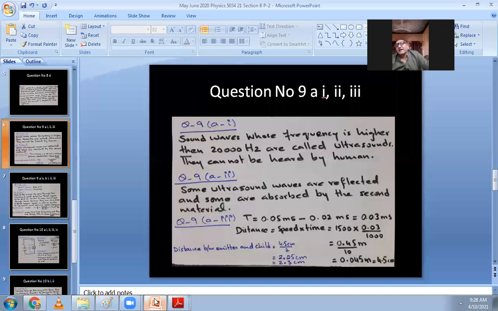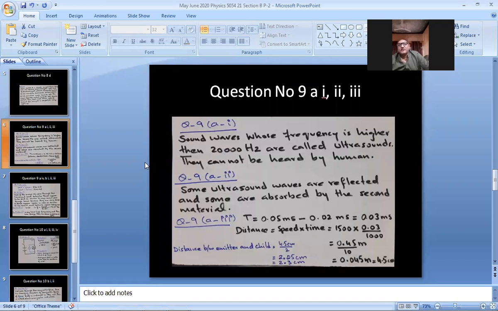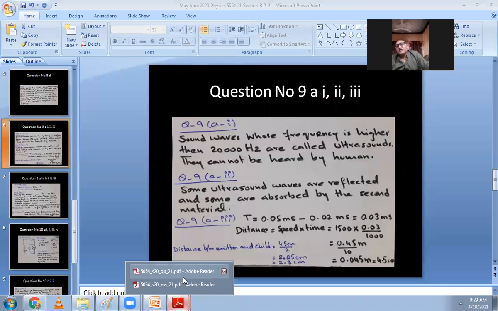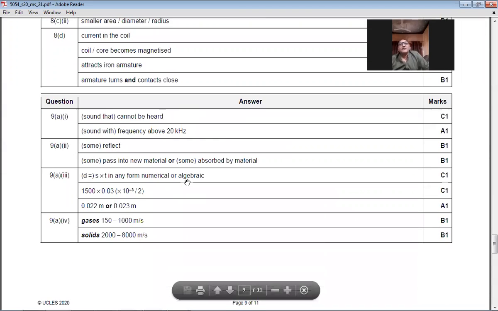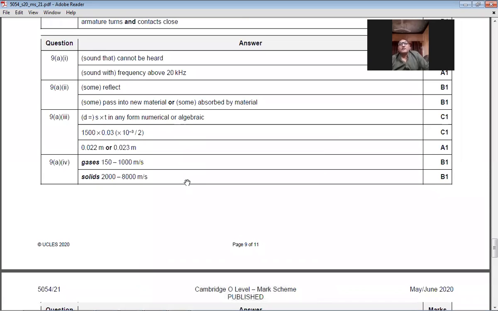I've written this answer. Let me check the marking scheme also. Some ultrasound waves are reflected and some are absorbed by the second material. Very simple answer. Okay, so let's check what the marking scheme says. You see the marking scheme is showing on your screen.